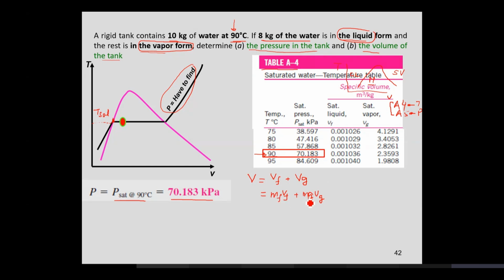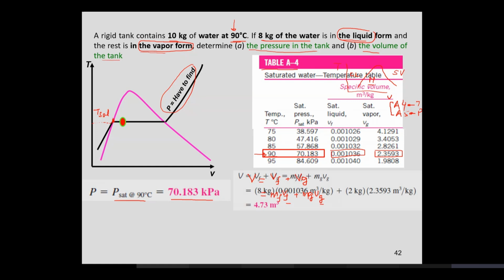Both the masses are given to you. The only thing unknown is the specific volume of the liquid and the specific volume of the gas. The specific volume of the liquid is in front of 90 degrees centigrade, and similarly the specific volume of the vapor is in front of 90 degrees centigrade.